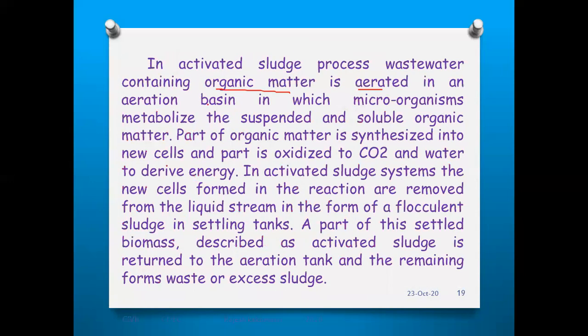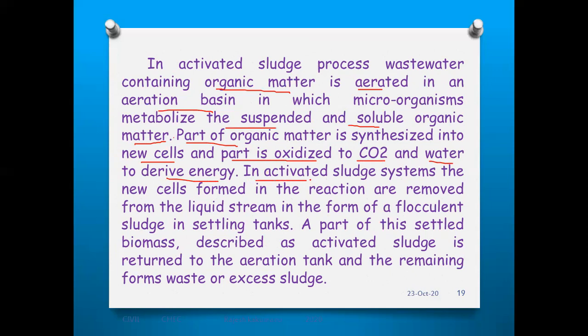In the aeration basin, the microorganisms metabolize suspended and insoluble organic matter. Next point, part of the organic matter is synthesized into new cells and part is oxidized to carbon dioxide and water to derive energy. We have already seen this reaction in the earlier slides.